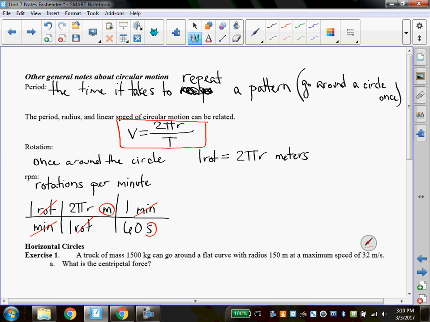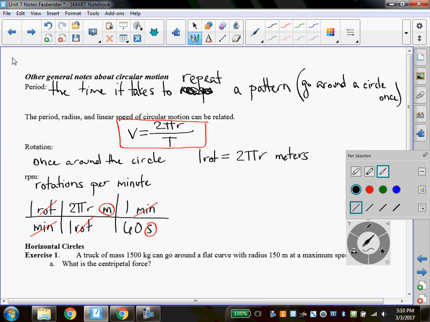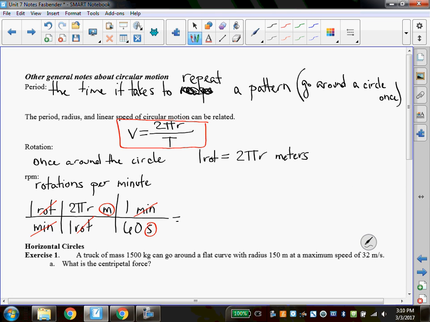I'm left with meters per second, which is what I want. And when we finish these train tracks, we see that this should be pi r over 30 meters per second. So we can think of 1 rotation per minute as being the same as pi r over 30 meters per second.